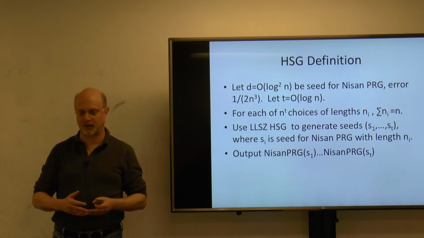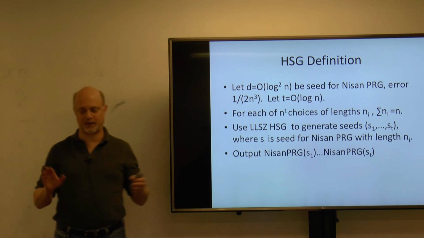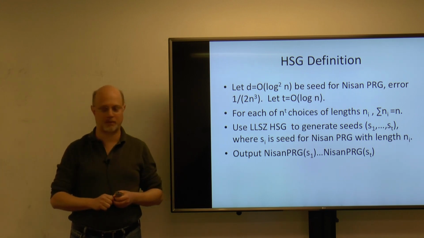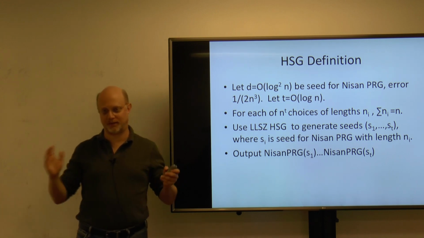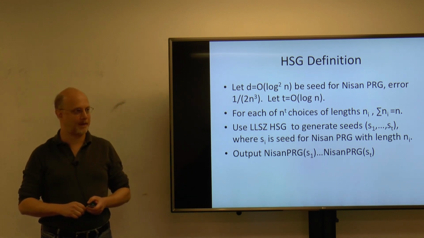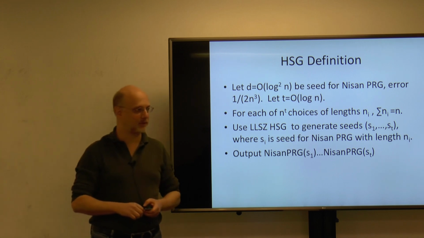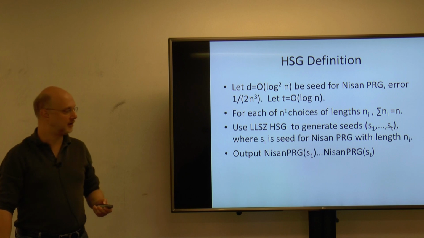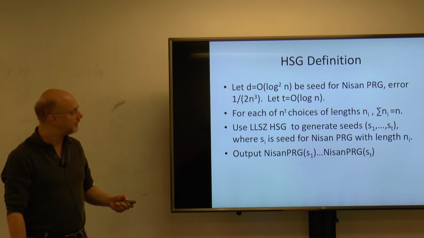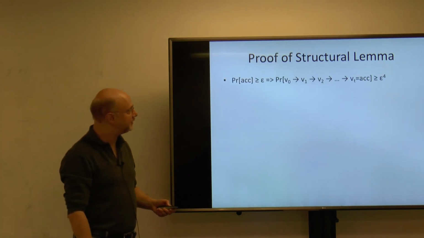We're just trying all possibilities. To know which one works, we would need to know the program. So the main thing is the structure, but you'll see that's not too hard either. Let's prove the structural lemma.